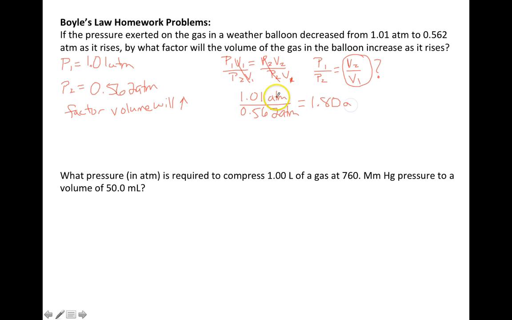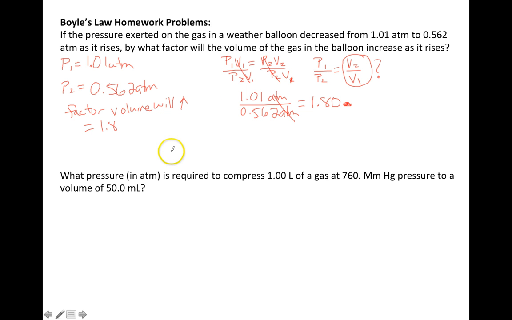My ATMs cancel, so I'm not writing any units there. So the factor is 1.80. The pressure is going to decrease by a factor of 1.8, and therefore the volume will rise by a factor of 1.8. So the factor the volume will increase is equal to 1.8. Whatever the initial volume is times 1.8 will give you the final volume.